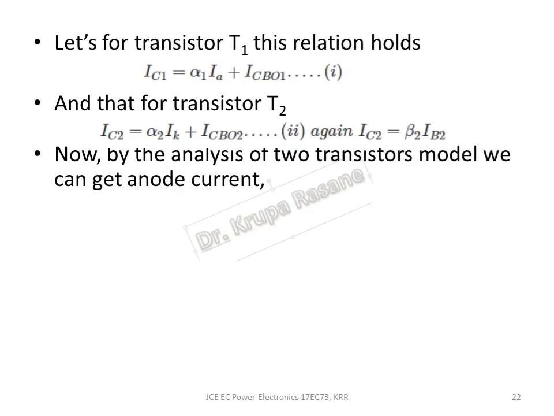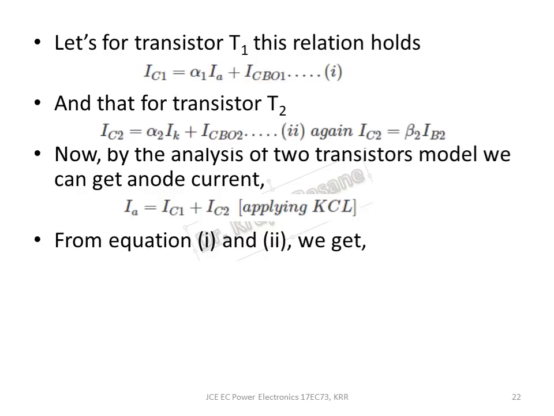Now by the analysis of the two-transistor model, we can get the anode current, where I can write the anode current as nothing but the summation of the two collector currents, right? Which two collectors? The PNP transistor collector current and the NPN collector current, and that becomes the anode current. This is by applying your normal KCL.